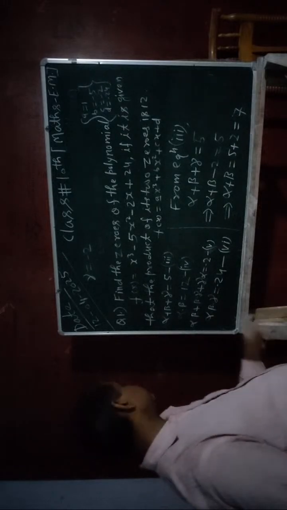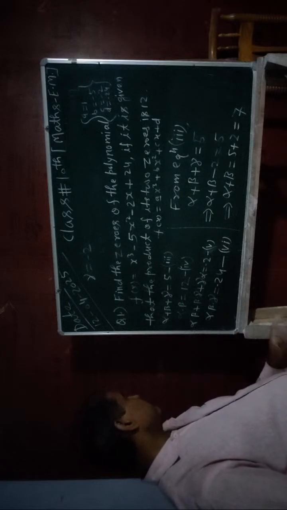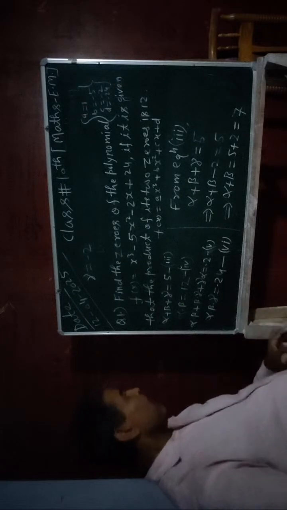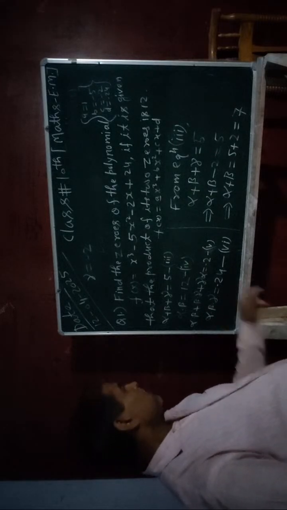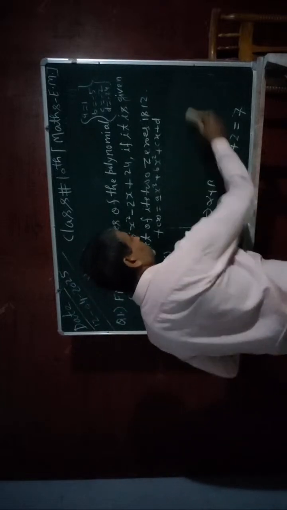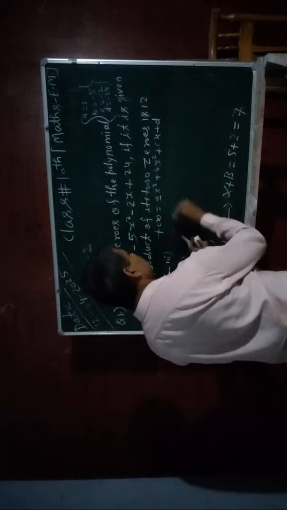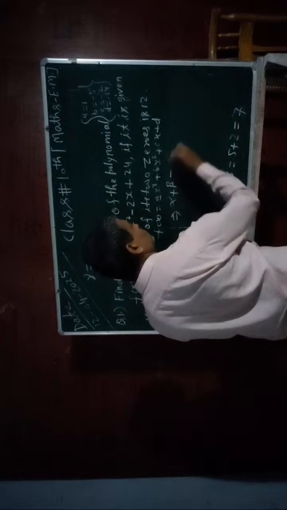Okay student, alpha into beta is equal to 12. So I have to get the value of alpha and beta. So I am going to erase this one for further calculation. So again I will write alpha plus beta, which is equal to 7.